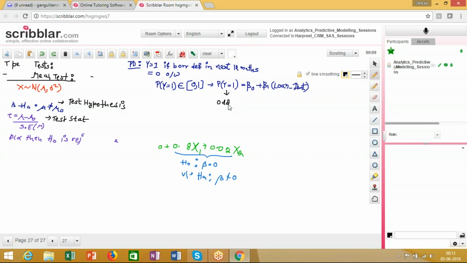The odds is nothing but the probability of y equals 1 relative to the probability of y equals 0.